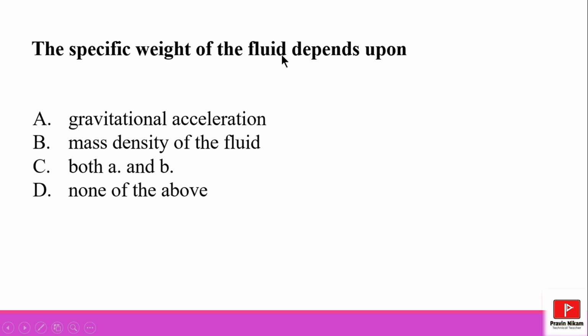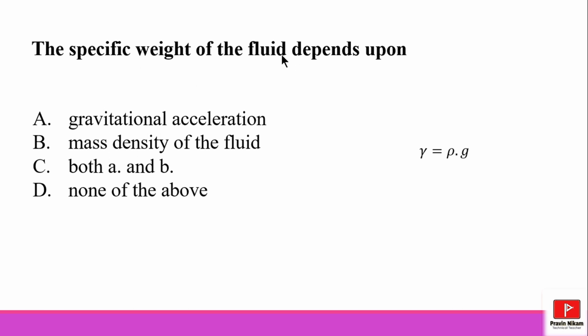Now we should know the specific weight means weight density. We know the formula for weight density: gamma is equal to rho into g. One formula is gamma is equal to W upon V, but in the form of mass density, the formula for gamma is rho into g.